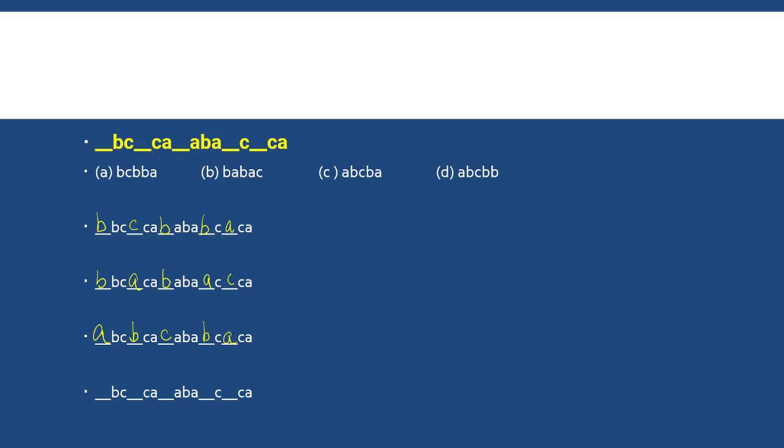Now when I evaluate as a group of 3 alphabets, I can see one particular trend here: when I make groups of 3 alphabets, A, B, C, then I see B, C, A, then I see C, A, B, then again I see A, B, C, and then ACA. This is not making any sense.